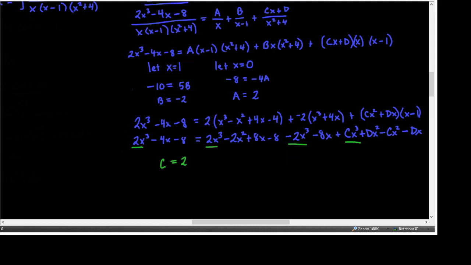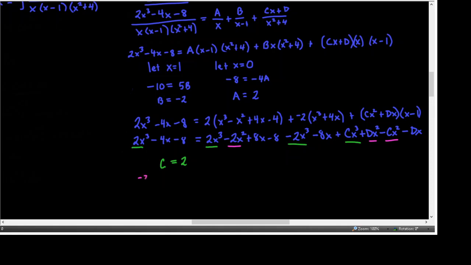Okay, so the negative 2x squared plus dx squared minus cx squared will have to equal, there aren't any x squared on the left side, so it will have to equal 0.